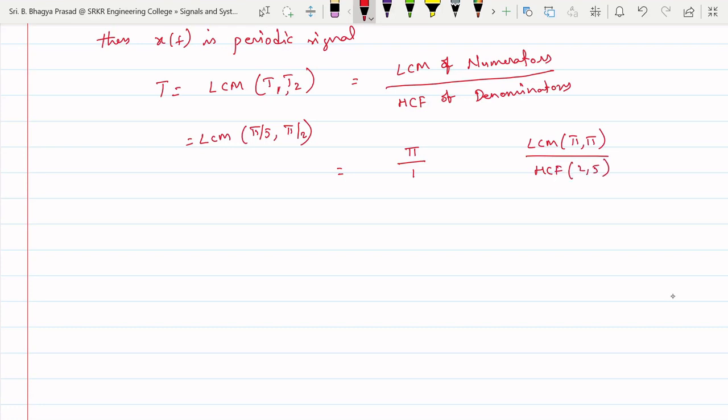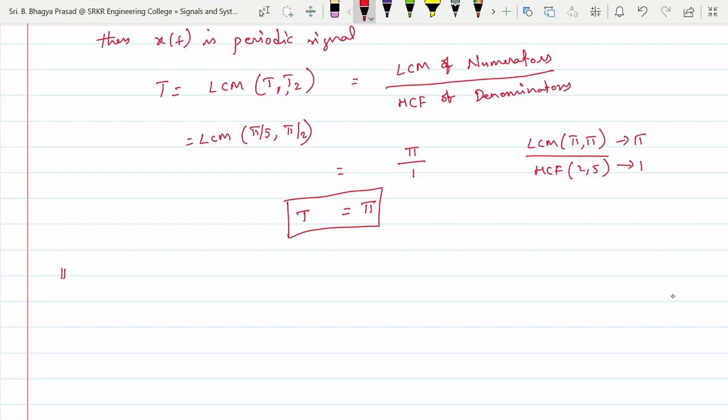So this is pi and this is 1, so the value is pi. So the period of the signal x of t is pi. I hope this one is clear for you, right?